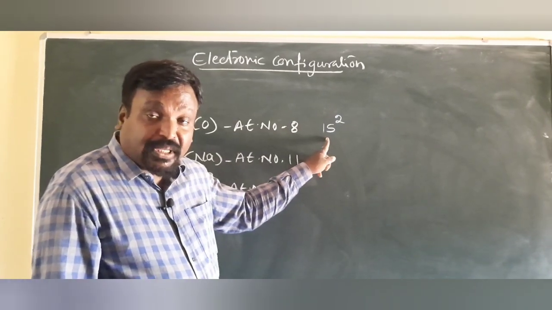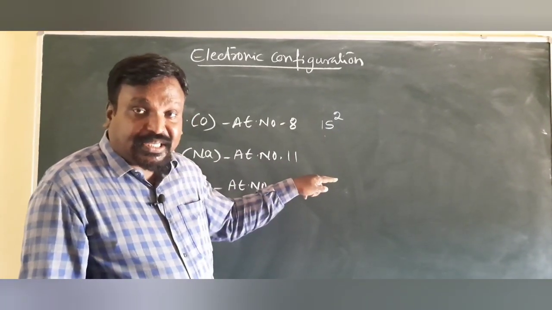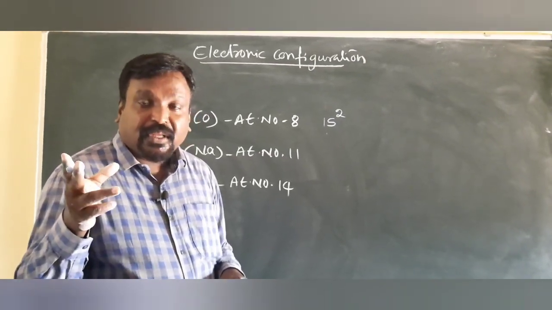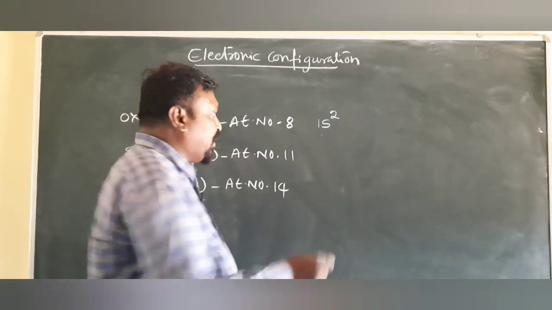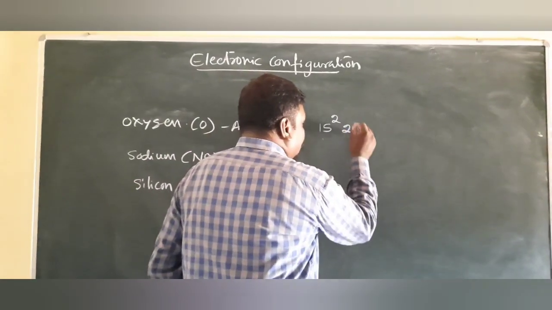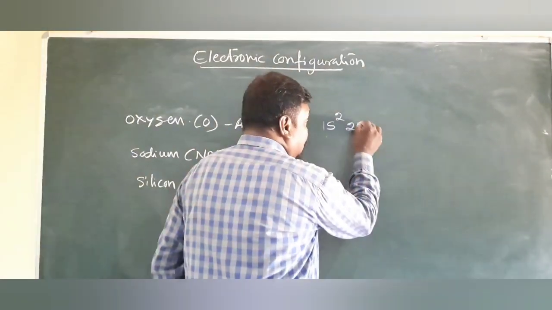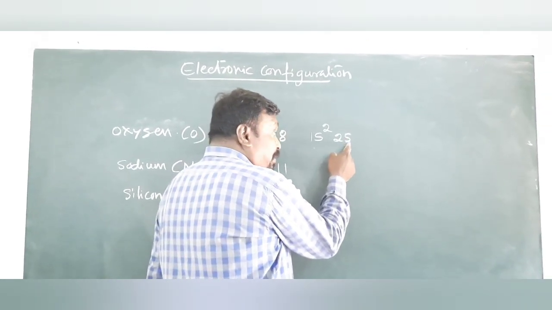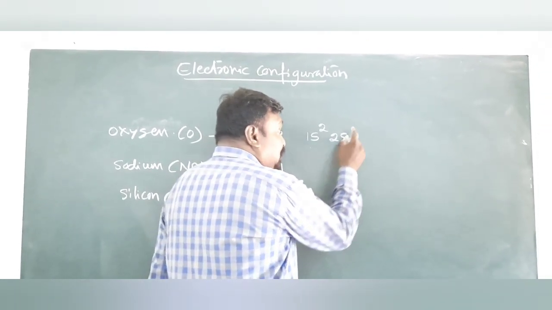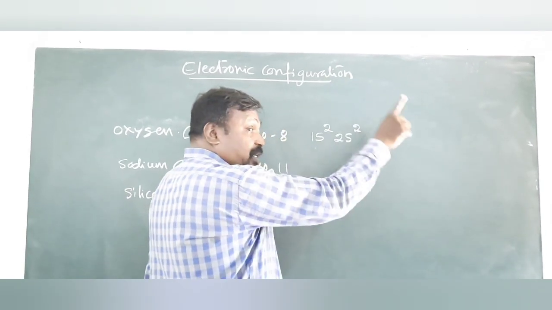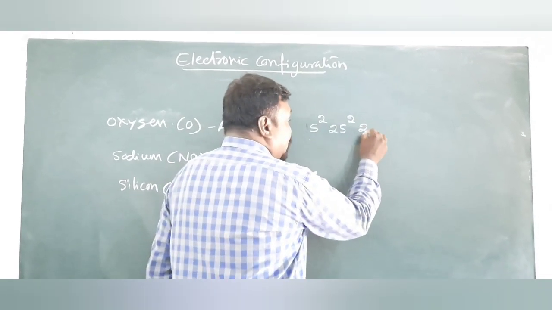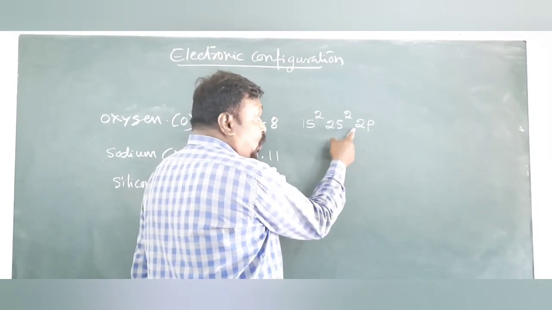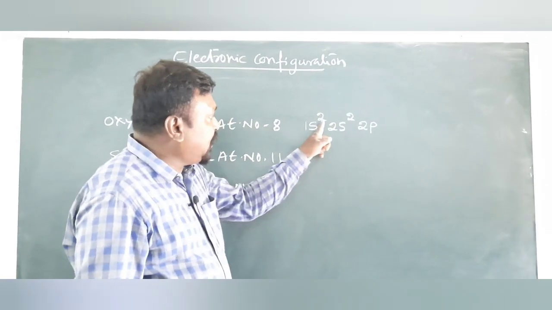It is over. Now it comes to the second shell, that is the L shell. There are 2 orbitals, s and then p. So in the second shell, 2s. The maximum number of electrons in s is 2. Now where does it have to go? It has to go to the next orbital, that is the p orbital, 2p.